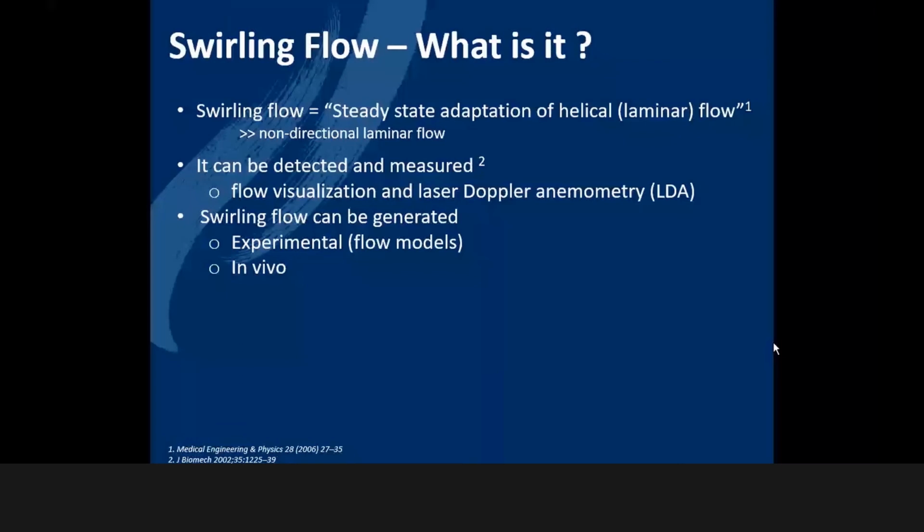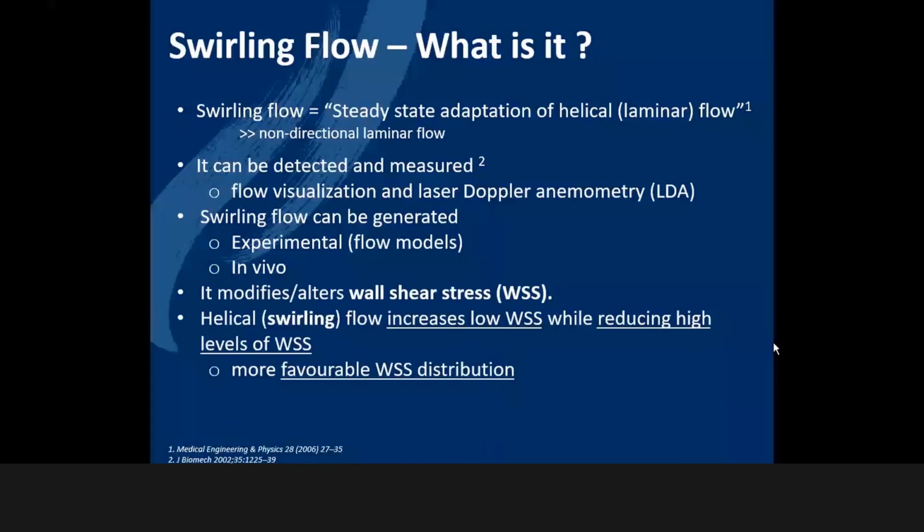Swirling flow can be generated in experimental flow models or in vivo. Most importantly, swirling flow modifies or alters the amount of wall shear stress in the vessel, and that directly has an effect on the vessel wall in the intima.